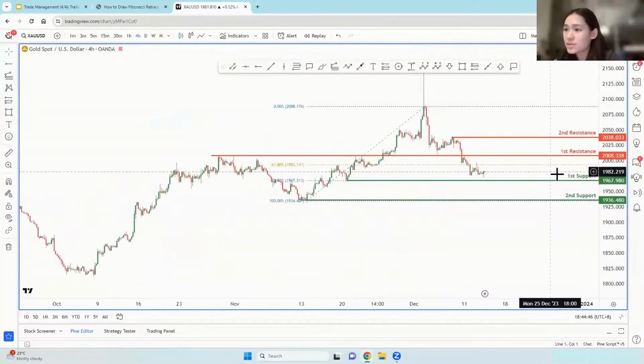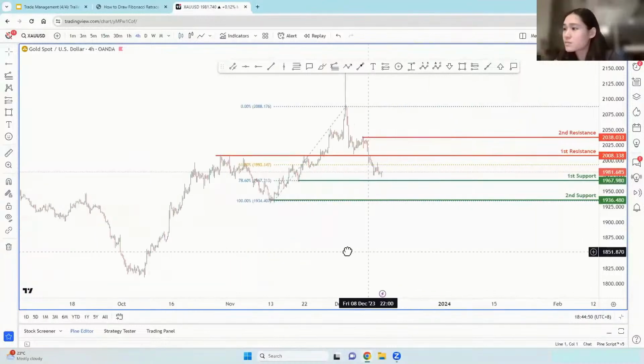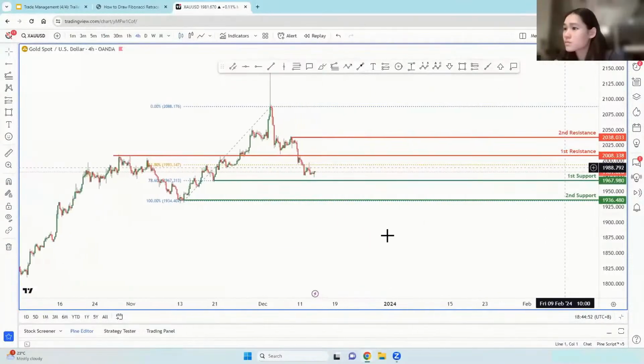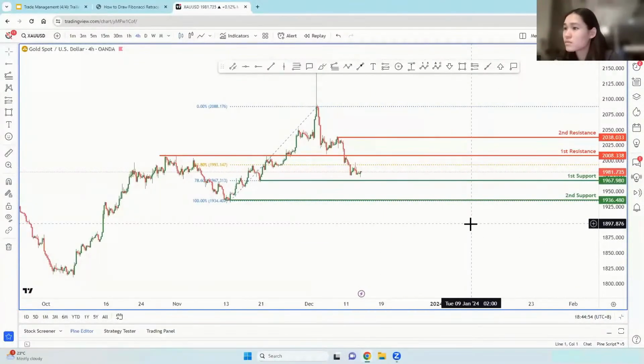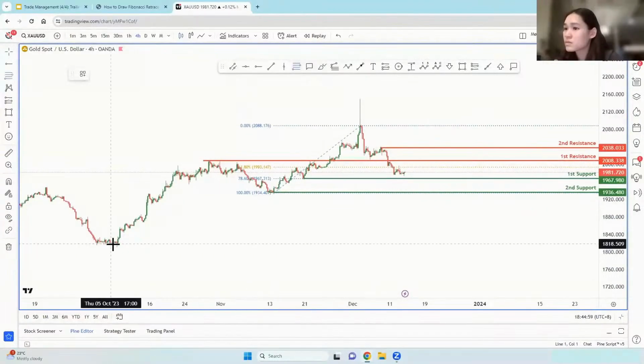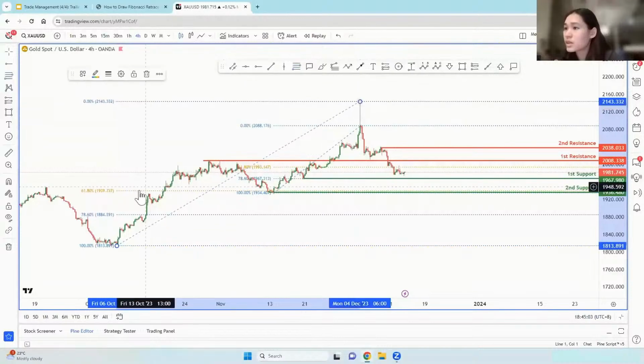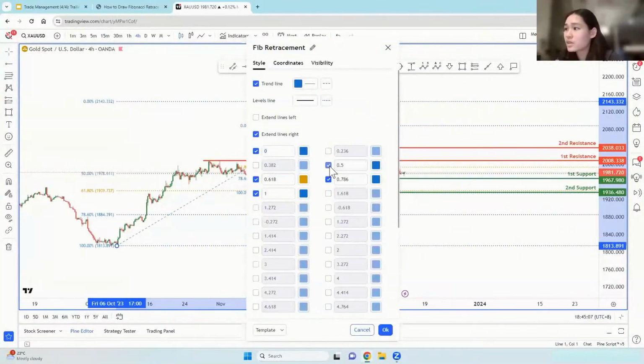So I think that's all the levels that we have. My 61.8 lines up nicely, and my 50% as well.